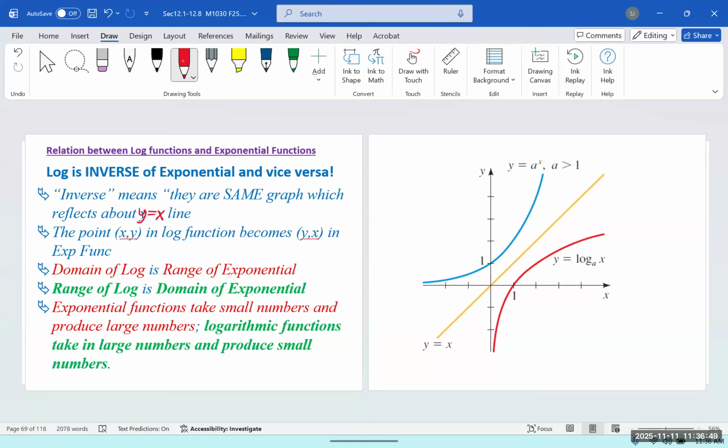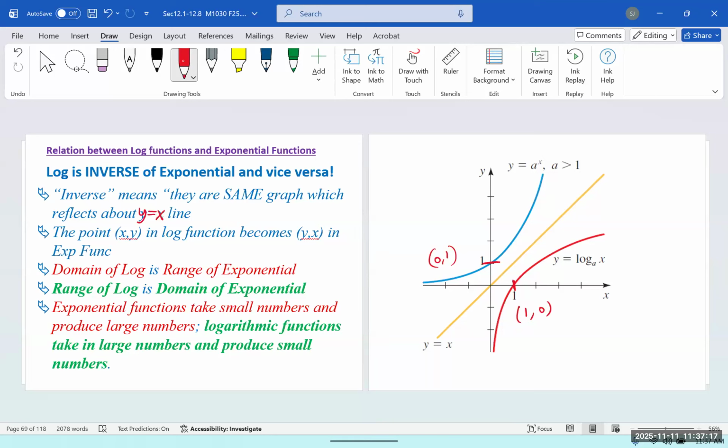So same graph, okay? Exponential goes through the point 0, 1. The log goes through the point 1, 0. They switch their x and y. So the domain for exponential is the range for logarithmic, and the range for exponential is the domain for the logarithmic.